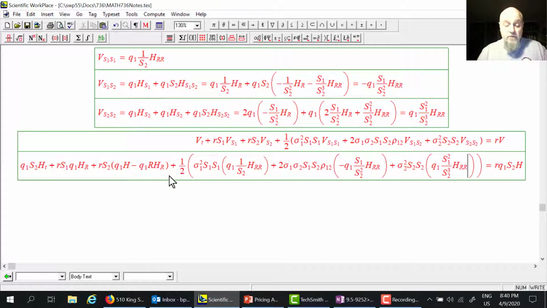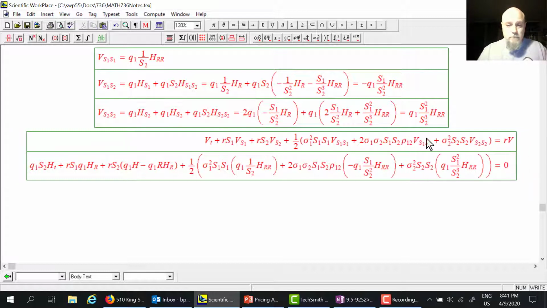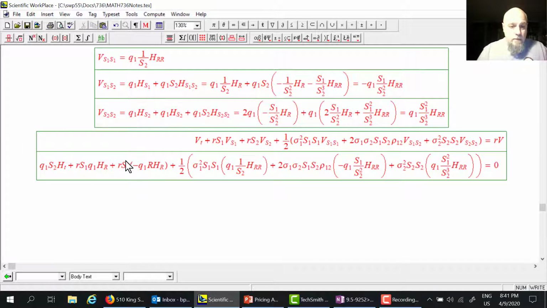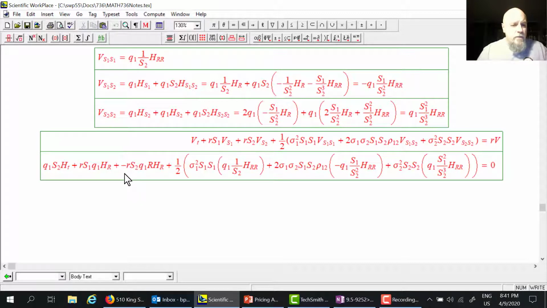There's no more V's. And we can get a lot of simplification happening here. Let's clean stuff up. Here I've got an R Q1 S2 H and an R Q1 S2 H. So these pieces cancel. Now, that's going to make this here and just have that as a minus. Now, look for another piece that has an R in it.